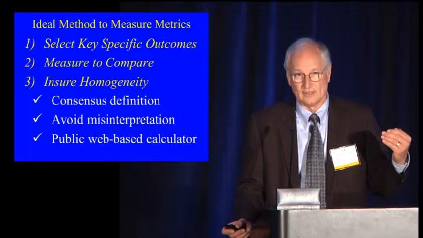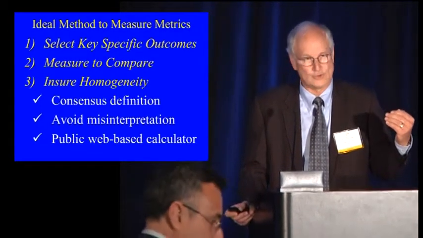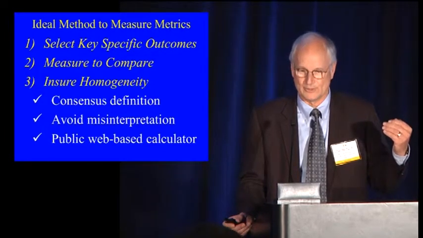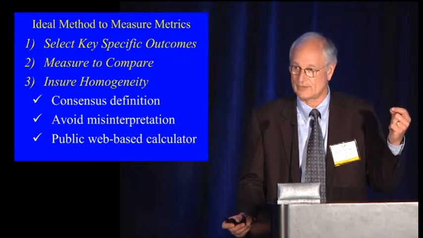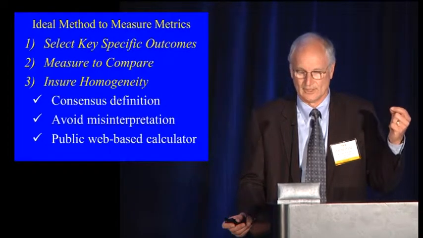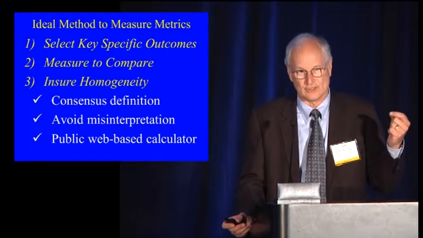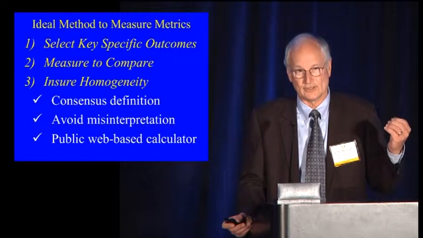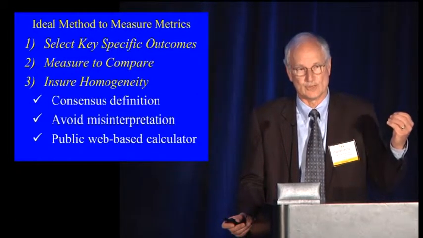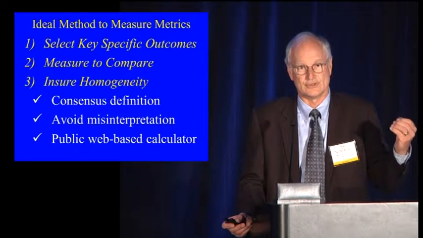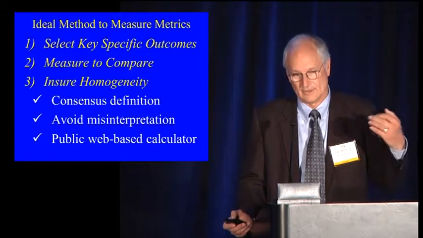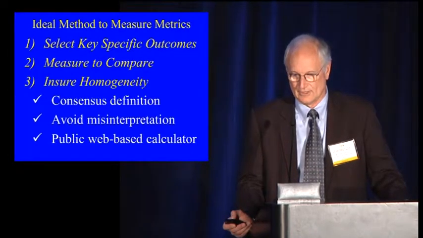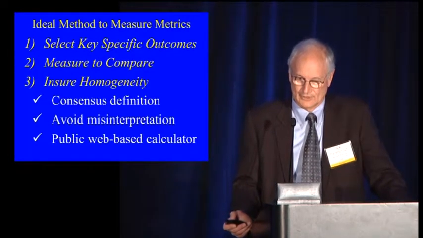And finally, the hard part is to ensure homogeneity of our outcome measurements by having the same consensus definition of what we're measuring. This avoids misinterpretation and is assisted by a public web-based calculator for the outcomes, so that everyone globally can use the same set of definitions. And the Pancreas Club has done this for us in regards to the public web-based calculator.